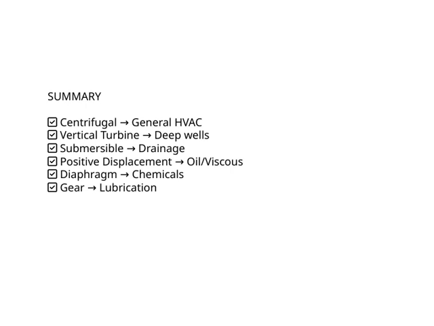Moving on, positive displacement pumps are best suited for handling oil or highly viscous fluids. They provide a steady flow regardless of pressure variations. We also discussed diaphragm pumps, which are often used in chemical applications due to their ability to handle corrosive or aggressive liquids safely.